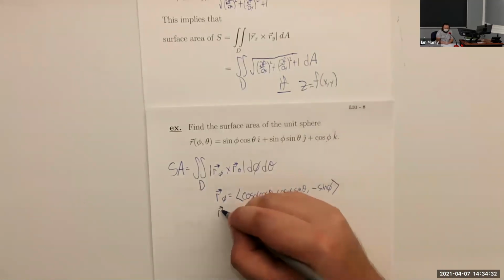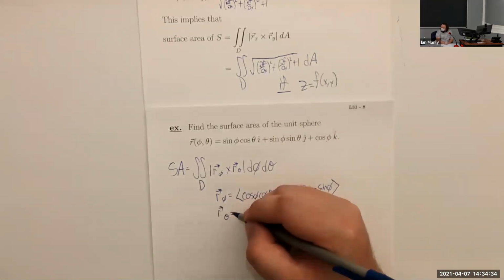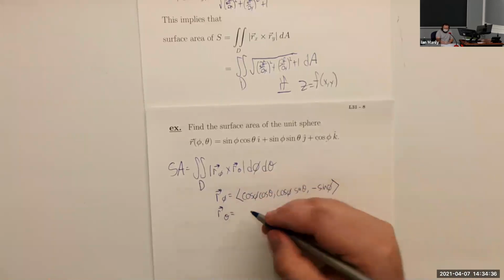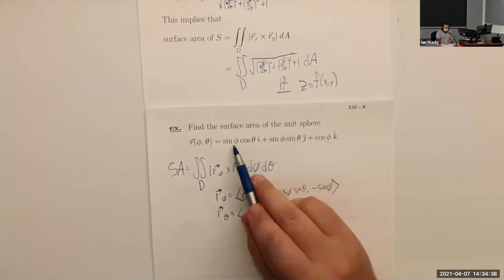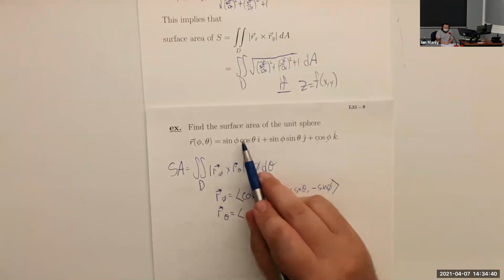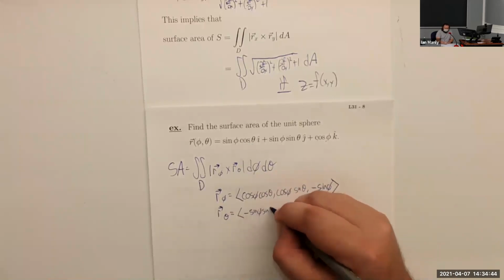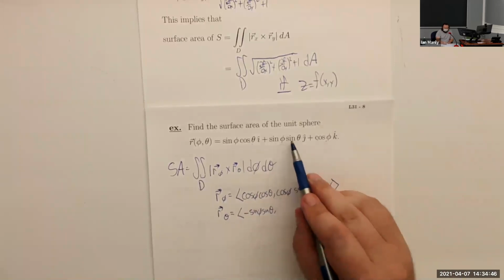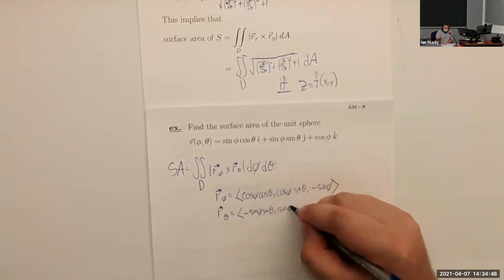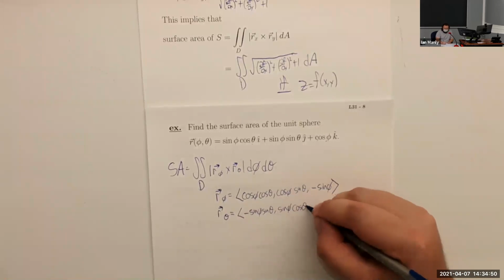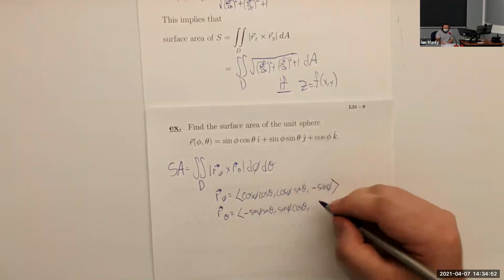Next, let's compute r theta right here. Let's see. So I do the theta derivative of this, and I have negative sine of phi, sine of theta. Do the theta derivative here, and I get this. And then I do the theta derivative of this, and I get 0.